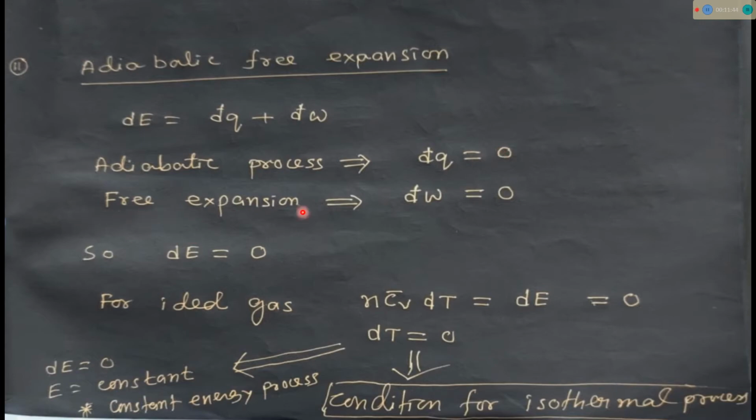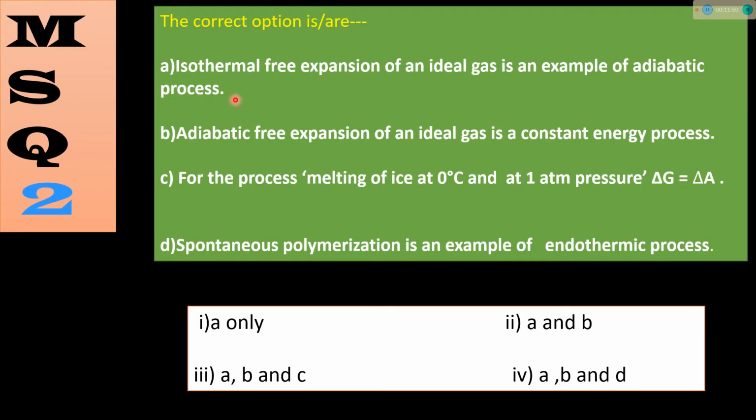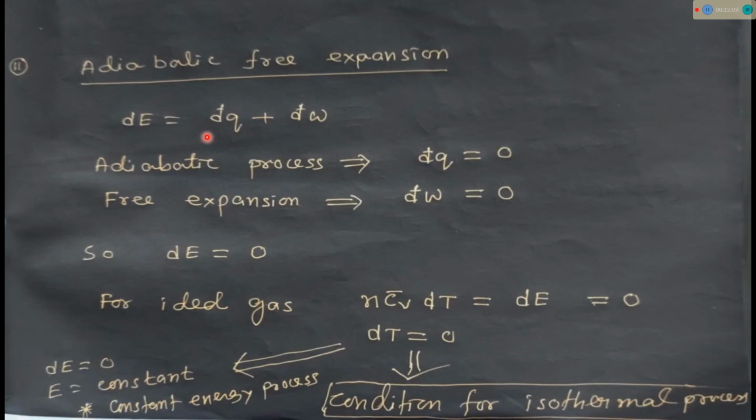For free expansion we can write dw equal to 0. So in the second case, see, in the first case isothermal free expansion was there. In the second case, in place of isothermal they write adiabatic free expansion. For an adiabatic process dq is 0, for free expansion dw is 0.